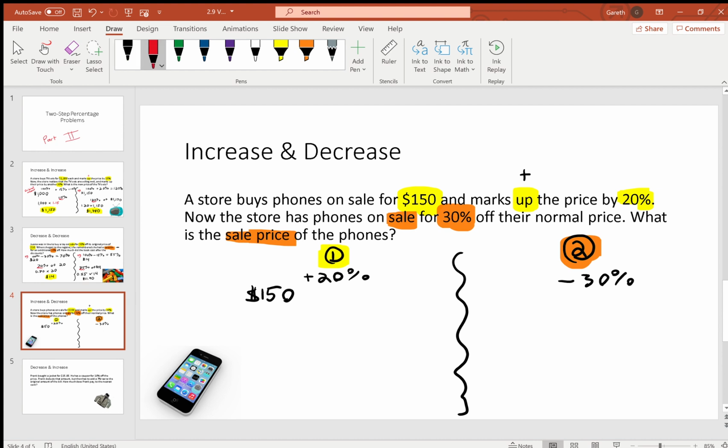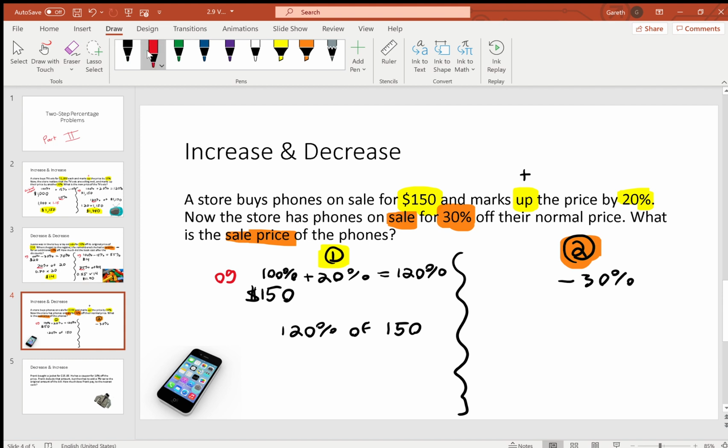So, first of all, my original amount always as a percentage is 100%. So, when I do 100% plus 20% for that markup of 20%, the store is now charging 120% of what it bought the phones for. So I'm looking for 120% of 150.